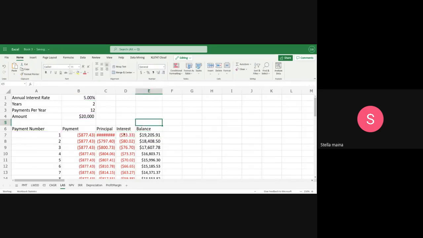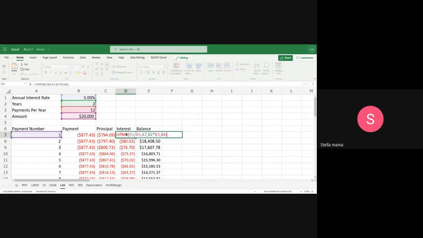For the interest, we use the IPMT, where, of course, we divide the annual interest rate by the payments per year to get it on a monthly basis. The second argument is the payment number, and then we multiply the years by the payments per year to make it on a monthly basis, and the amount finally.